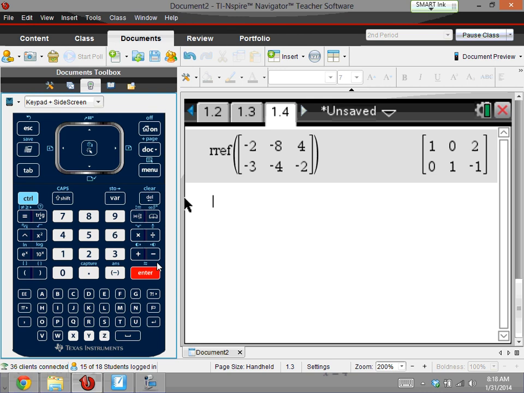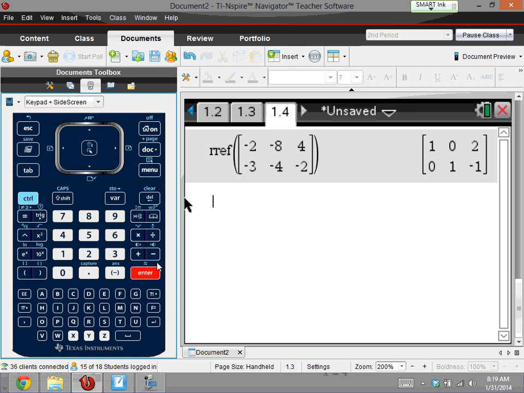Let's see if we can understand it. So one of our original equations, right, was this: -2x minus 8y equals 4. That's what the answer looks like, right?